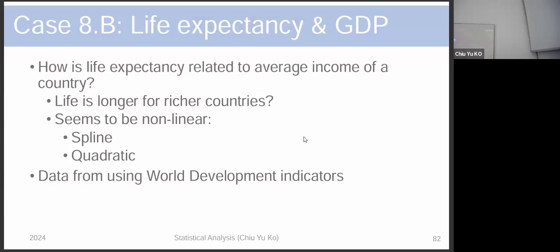So we'll consider, you can do a scatter plot, which we will do, and you will see it's kind of nonlinear. You can do a lowess and then do whatever. It's nonlinear. So of course, you can take log, right? But sometimes taking log may not solve all the problems. So the other way we do is splines in a contrasted thing, and then the data is based on the World Development Indicators.